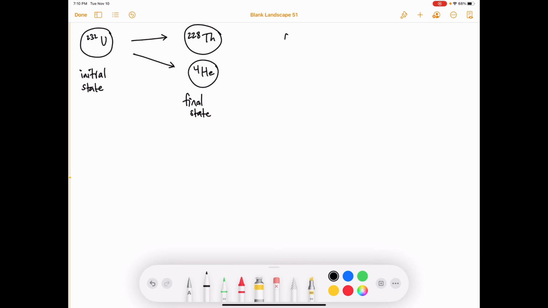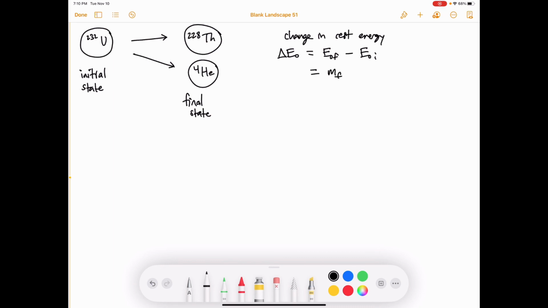So we can calculate the change in rest energy between the initial state and the final state. That would be delta E0, which is E0 final minus E0 initial. Let's remember that rest energy is just given by mc squared.